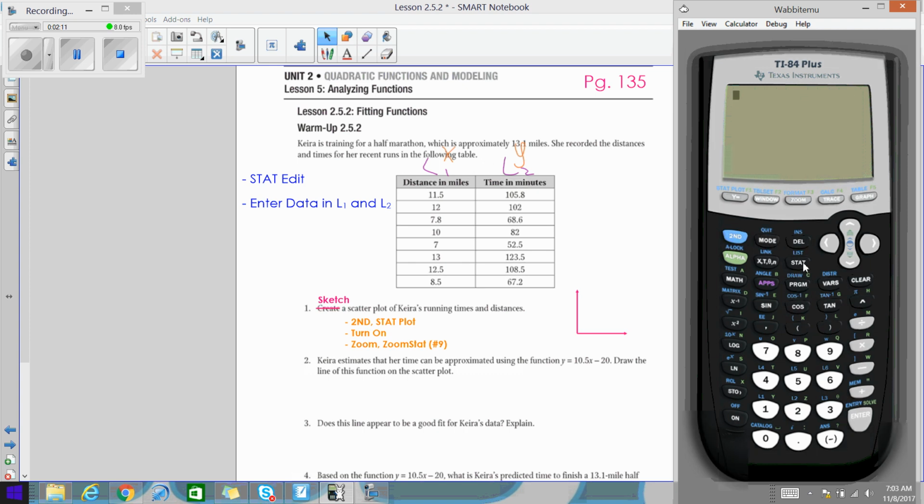What we want to do now is fill in our data so we can see our stat plot. So we're going to go stat, and then go to edit, and that means we can type in our values. We're going to type in all our L1s here and all our L2s here. So I'm going to type in my L1s.